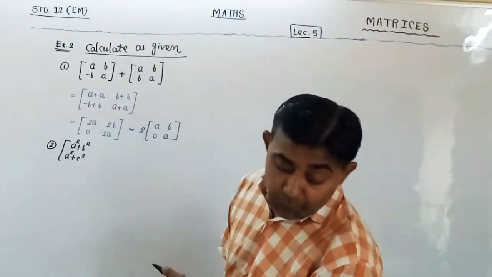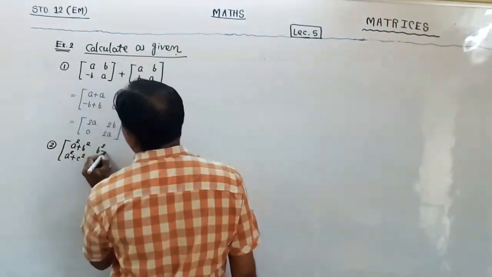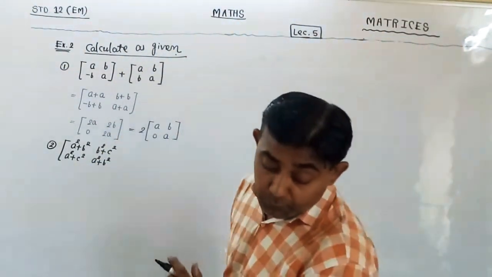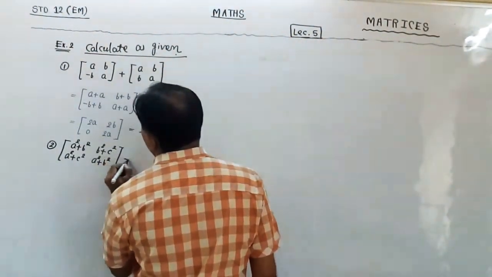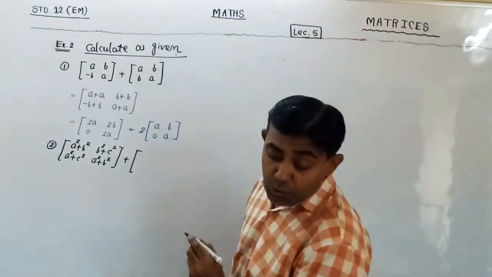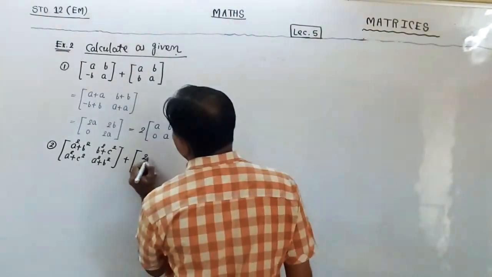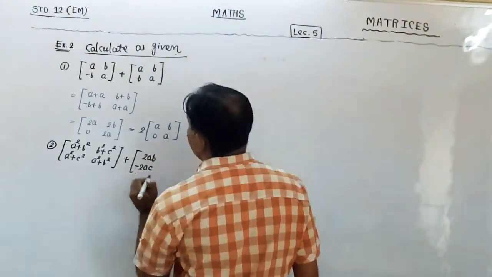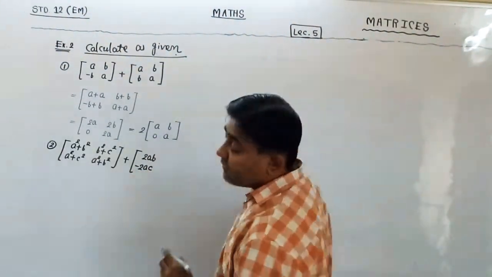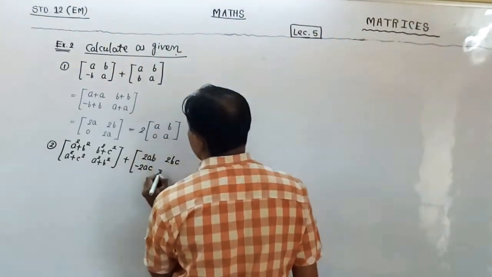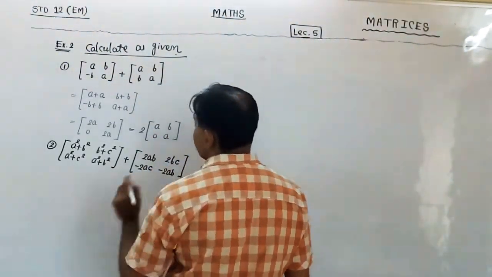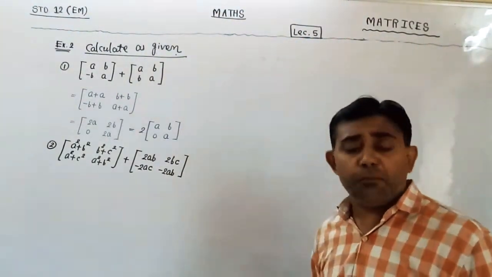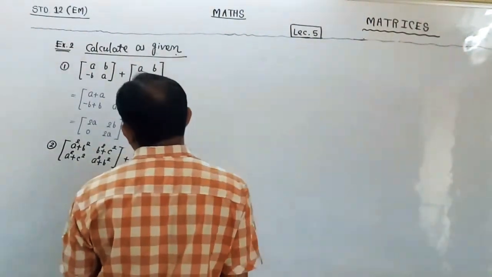That after B square plus C square and A square plus B square again as second column, plus here is minus 2AB, plus 2AB and minus 2AC as first column in second matrix, and 2BC and minus 2AB as second column here. So this is the addition. So nothing to do, just again add, simple result. So let us add this.